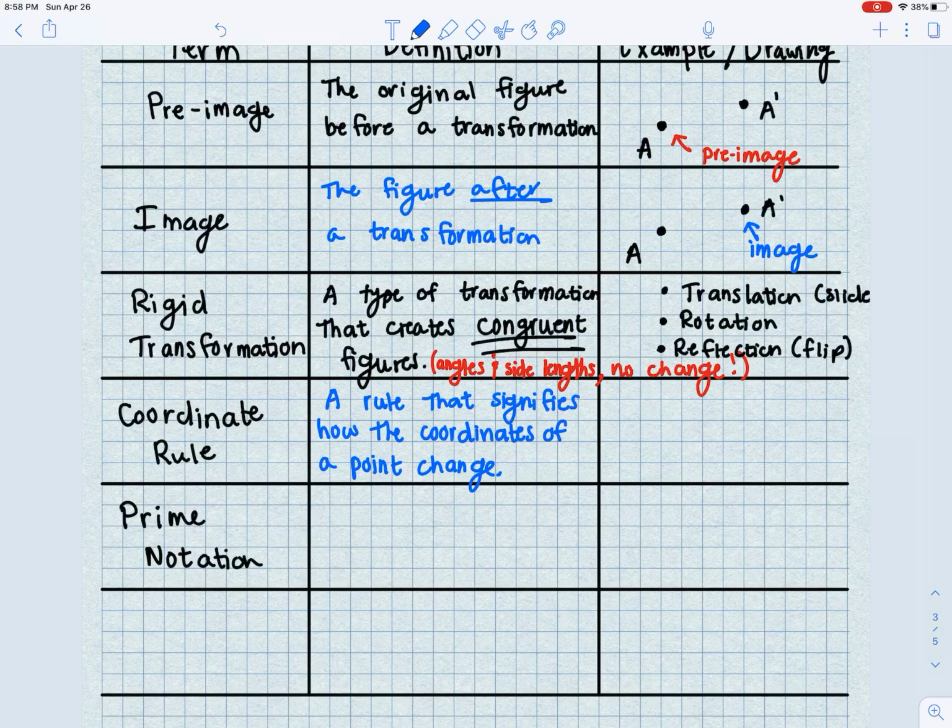And coordinate rules just tell me, well, how are each of the individual points of a shape changing? So, for example, here's a coordinate rule. So I start with my preimage with the coordinates x comma y. And it's going to undergo a transformation of some sort. And after the transformation, my coordinates look like this.